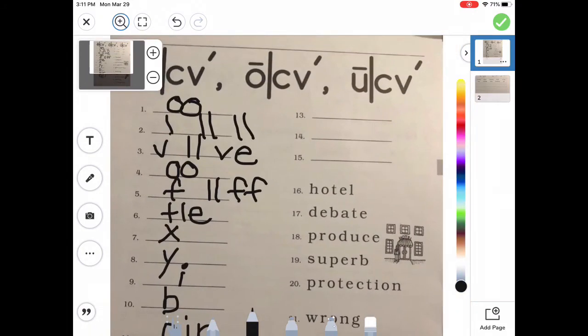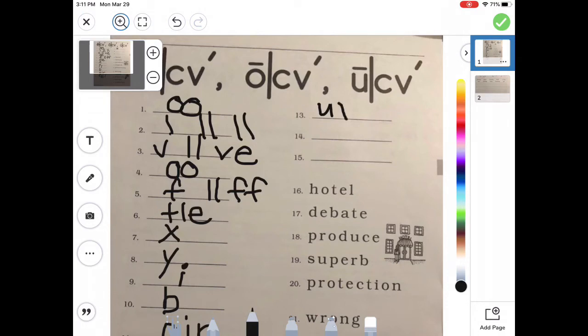All right, on number 14, remember, these are some special words. So we're going to try to spell them the way that they sound, and we might have to go back and fix them. Are you ready? Event. So the first sound that I hear is... And then let's spell the rest of it. Vent.